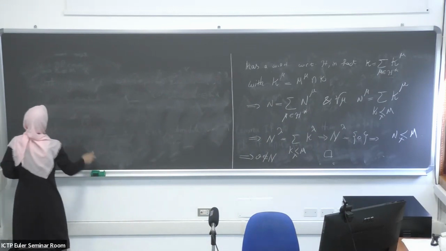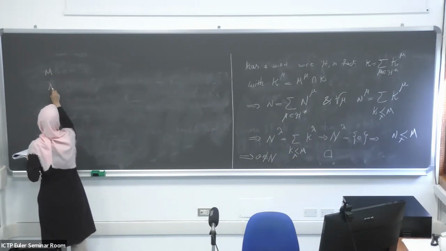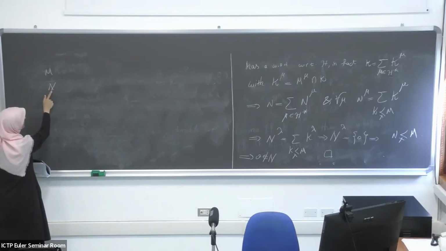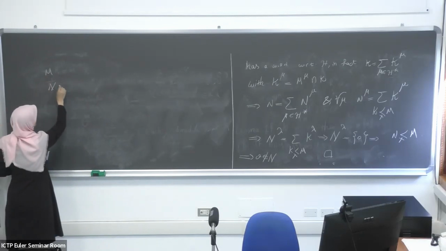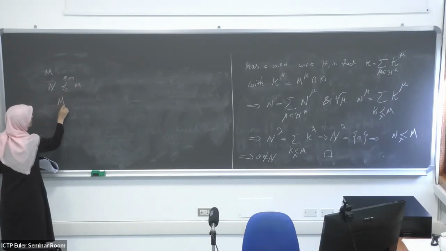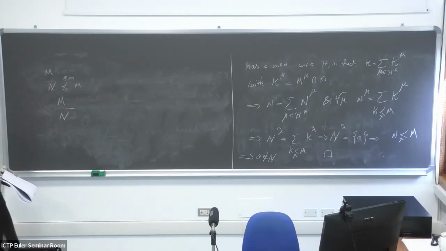So we have M and we have N. N is a unique maximal submodule of M which does not contain V. N is a submodule of M, and I can form M over N, right?